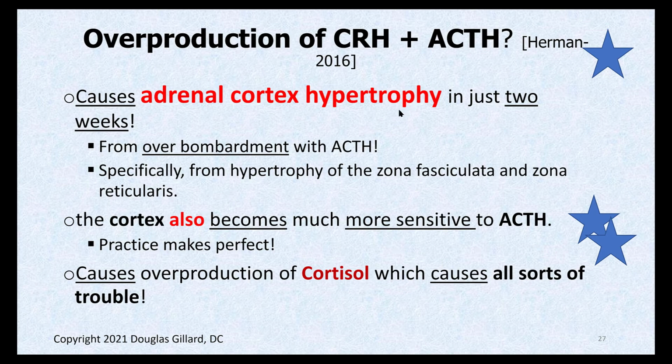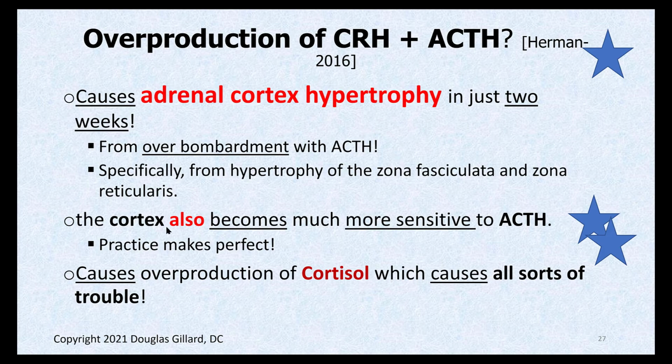And the adrenal cortex can become visibly bigger or hypertrophic within 2 weeks of having some breakdown in the machinery that shuts off cortisol. Or even if it's stress, severe stress can do it. So it just takes 2 weeks. The adrenal gland can swell up from the bombardment of ACTH.